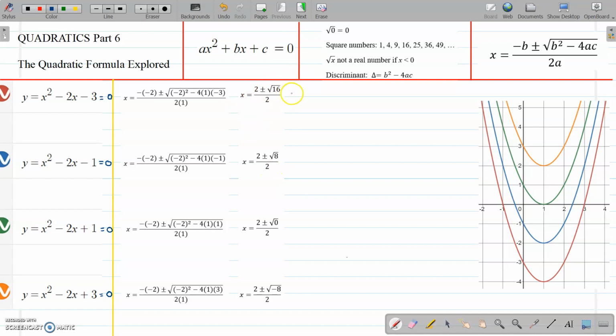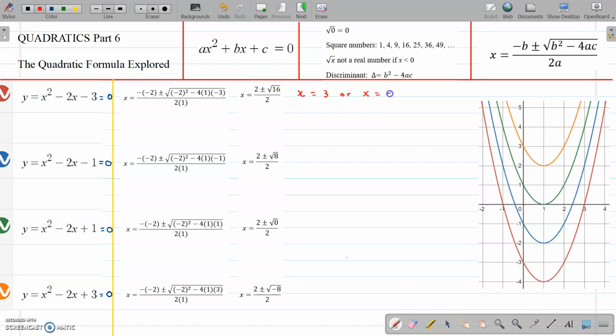If you take this to the next step, you would get from here that x is 2 plus root 16, which is 2 plus 4 over 2, which is 6 over 2, which is 3. Or the other solution is that x is 2 minus 4 over 2, which is minus 2 over 2, which is minus 1.